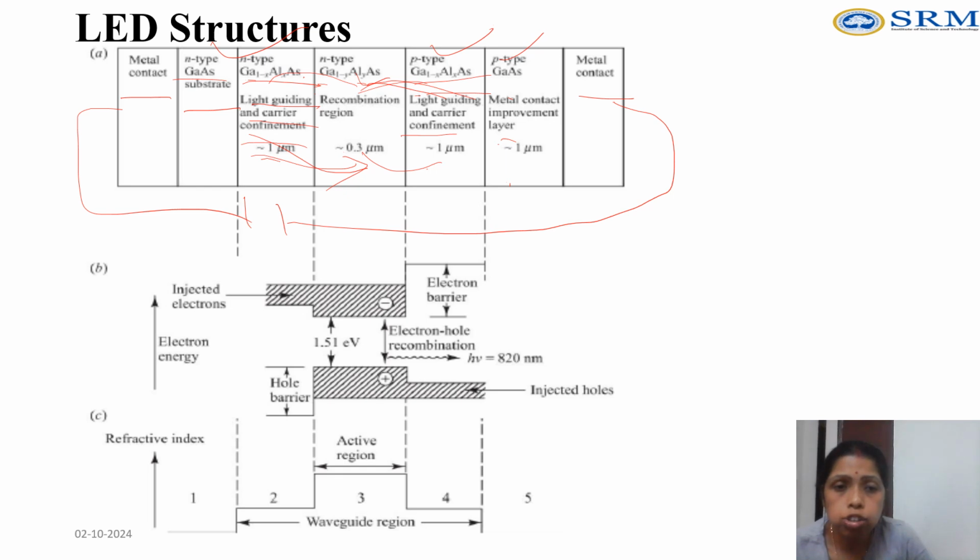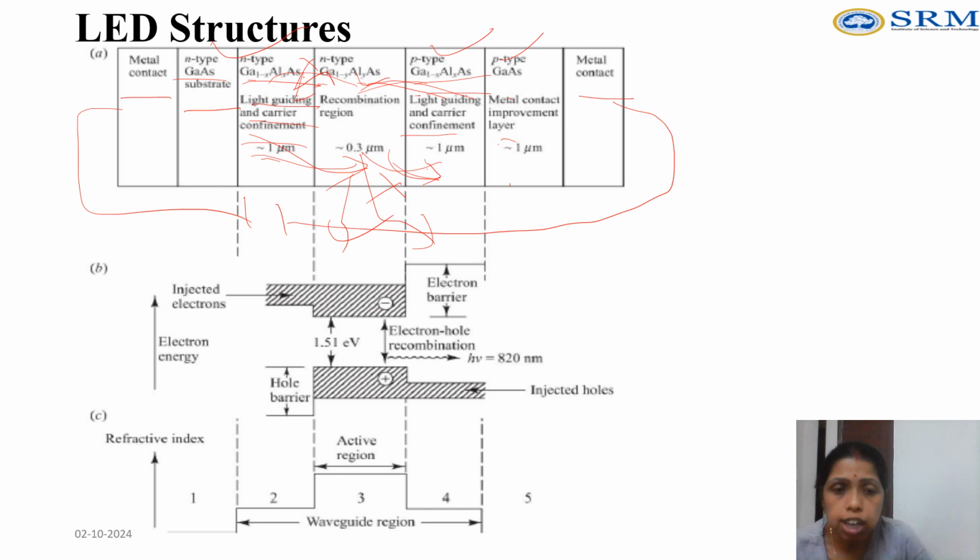And here also the hole will come to this side, and it should not cross this barrier. So the maximum amount of electrons and holes will be confined here, and they will recombine, and after recombination all the photons will be emitted from this recombination region only.